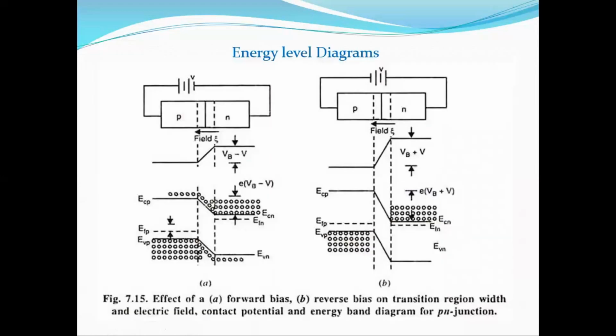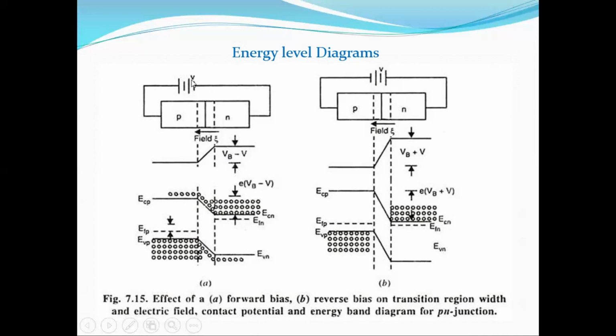Now we can see the energy level diagrams here. This is the energy level diagram in the forward bias condition, and this is the energy level diagram in the reverse bias condition. Now you can see here this is the depletion region. The potential is given by VB, which is the barrier potential.